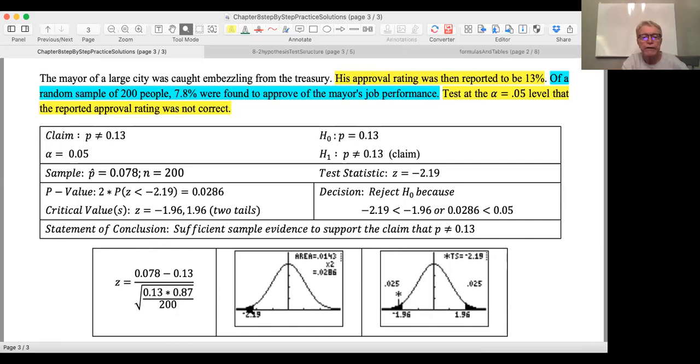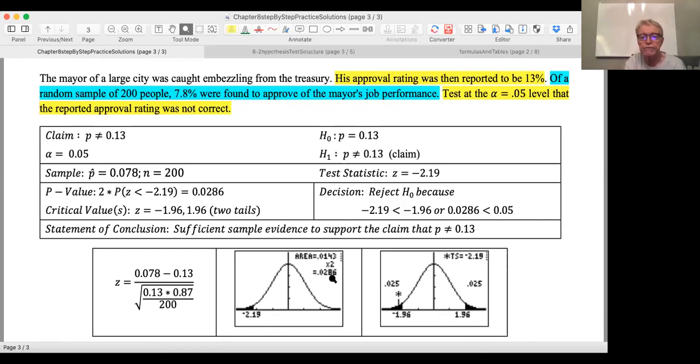So we find the area to the left of negative 2.19, and that is 0.0143. But that's not the p-value, because this is a two-tailed test. So we are going to multiply that by 2 to get 0.0286, and that is the p-value.